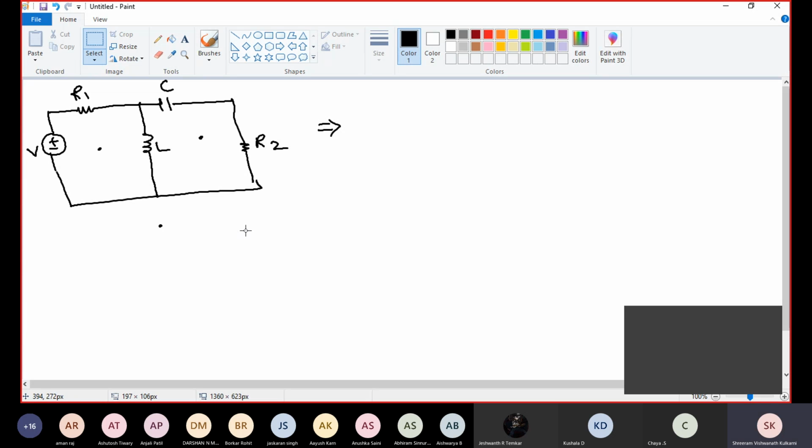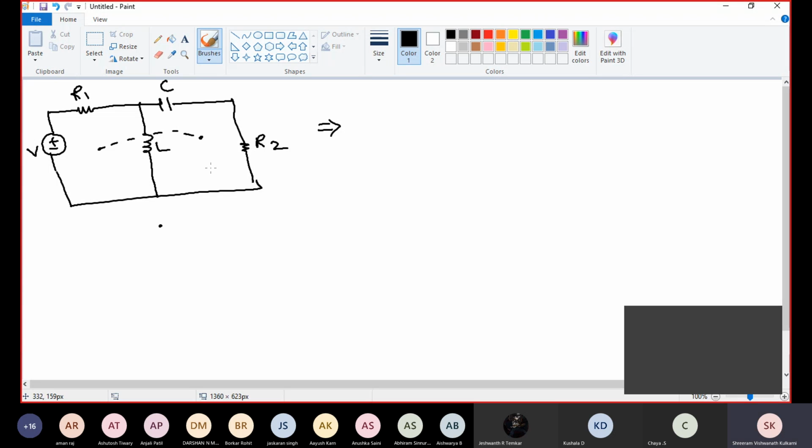Now next, second step: we need to connect these two nodes with a dashed line. See here, we need to connect the internal nodes with a dashed line.